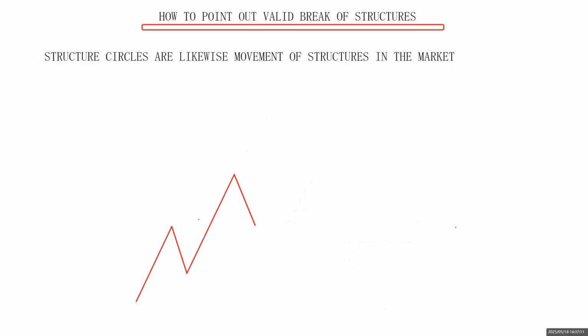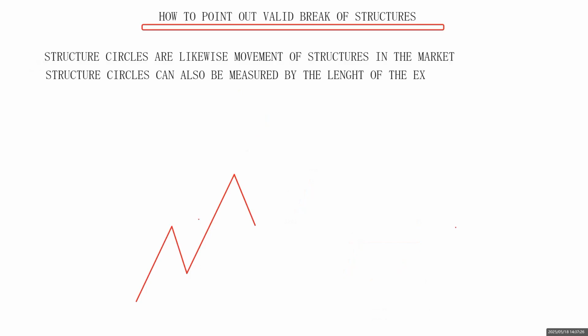And before we go ahead, it's also important to note that structure circles can also be measured by the length of the exhaustion. We all know that after every push, there must be an exhaustion. So sometimes you can use the likewise movement of it, and it can also be measured by the length of the exhaustion. Either or, you can mix it up. So this is push, exhaustion, push, exhaustion.